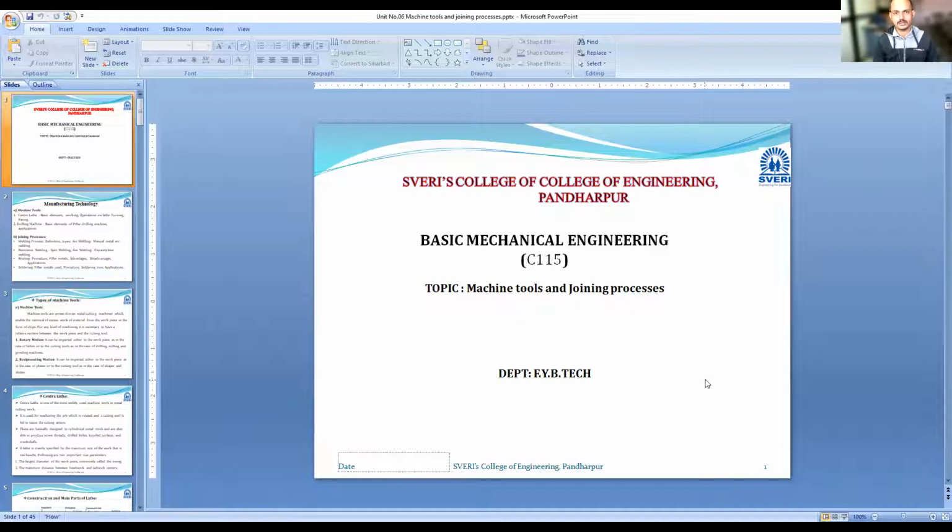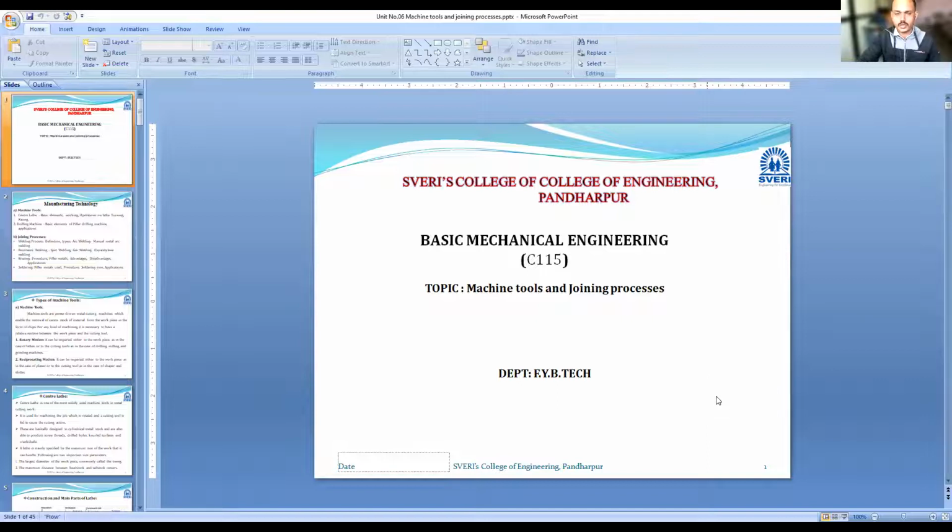Two machineries are included in our syllabus: the first one is a very basic machine, the lathe machine, and another important machine is the drilling machine. It does not mean that other machineries are not required in industry, but these two are very important.